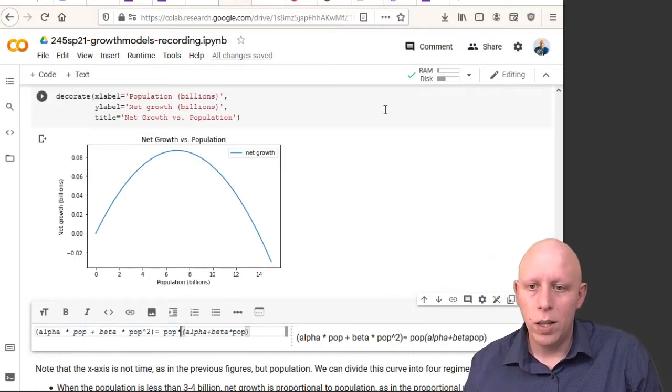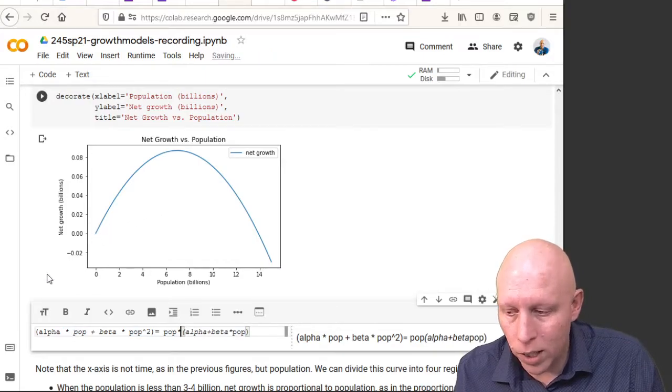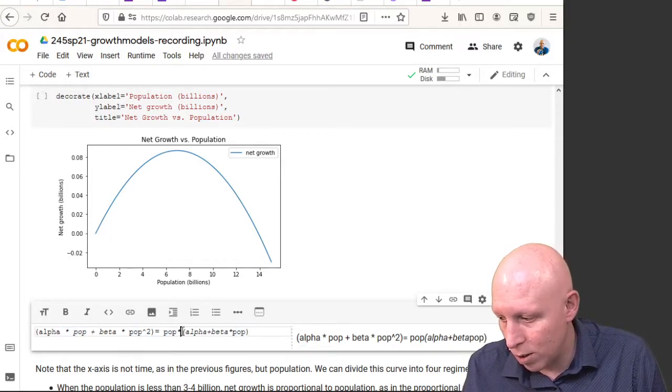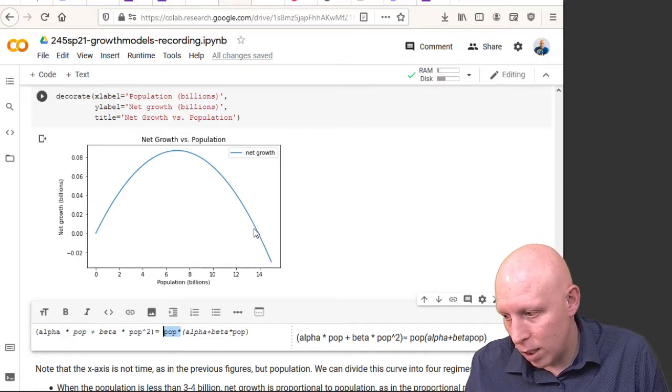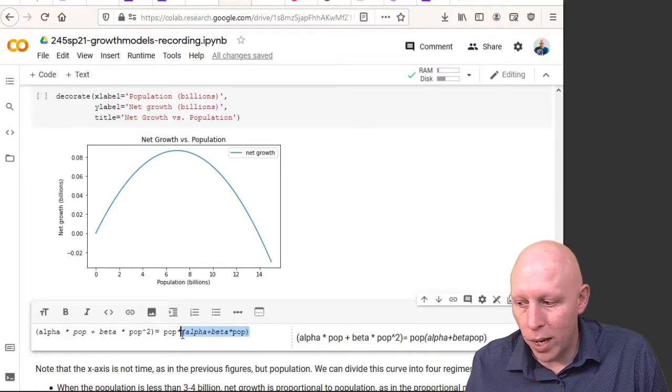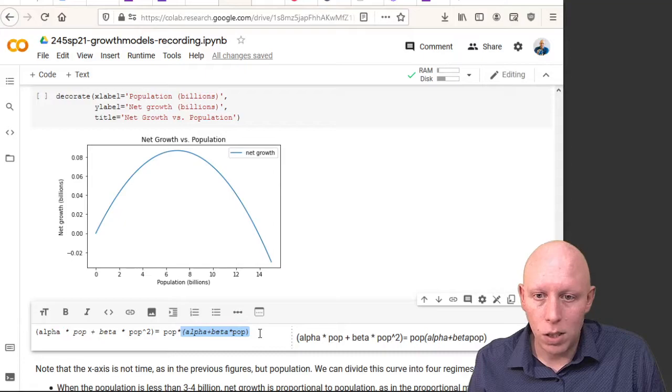And so this is going to hit 0 on the axis when population is equal to 0, but it's also going to hit 0 when alpha plus beta times the population is equal to 0.